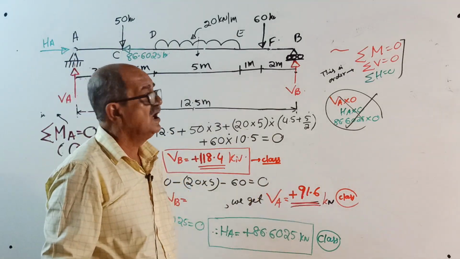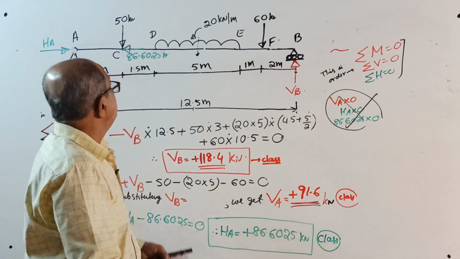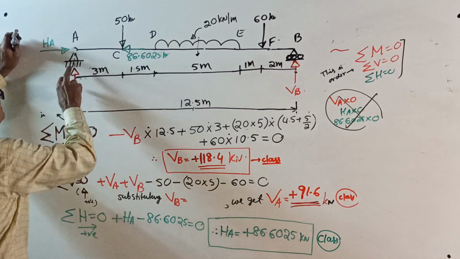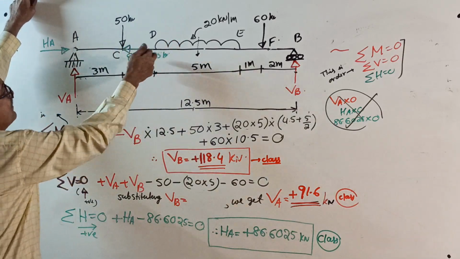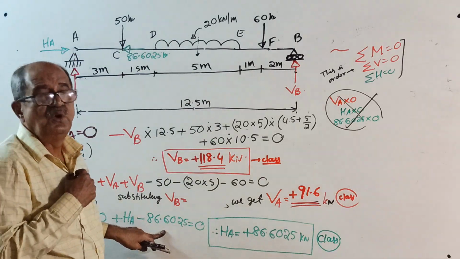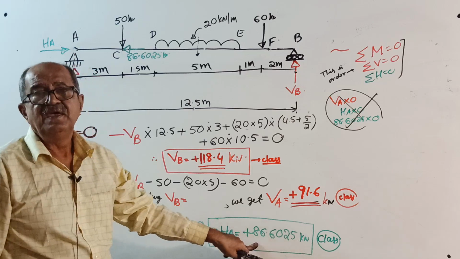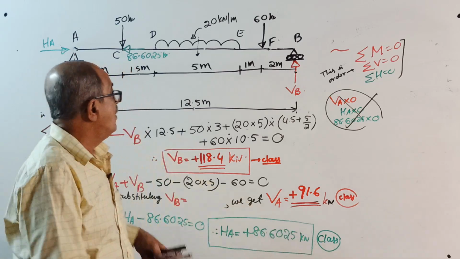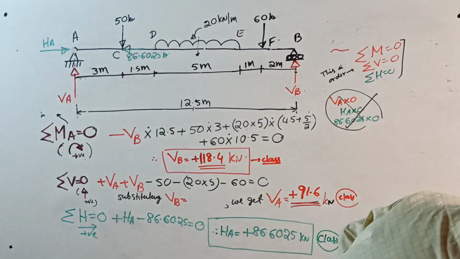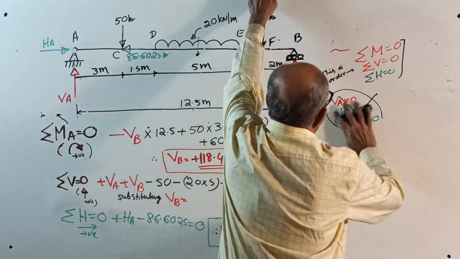Now lastly, sigma H equal to 0, I'll take right side positive, plus HA, only horizontal forces, minus 86.6025 equal to 0. You get the value of HA plus. Same thing, the direction we considered is correct. Therefore, you write all these and write the final answer if you want.